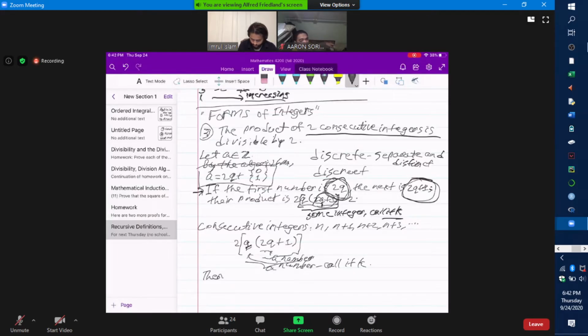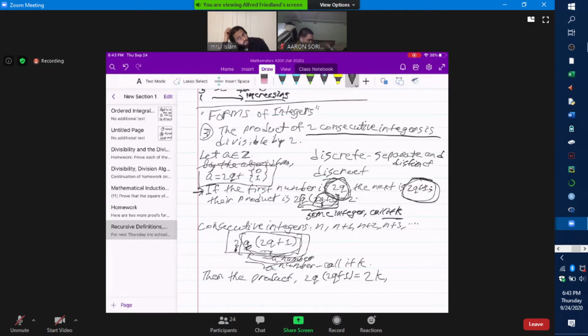Then the product which was over here, that's the product, 2q times 2q plus 1, the product of those two consecutive integers, can be written as 2 times this number.